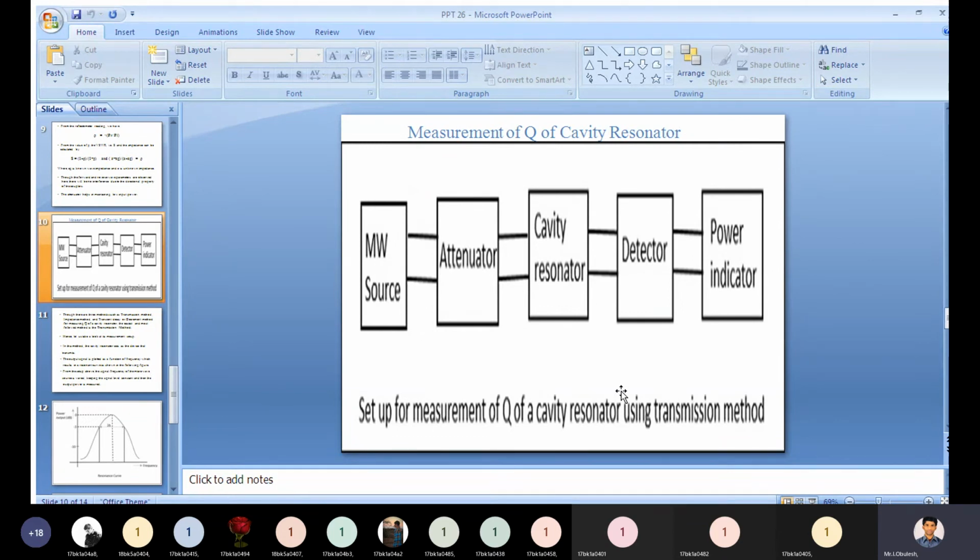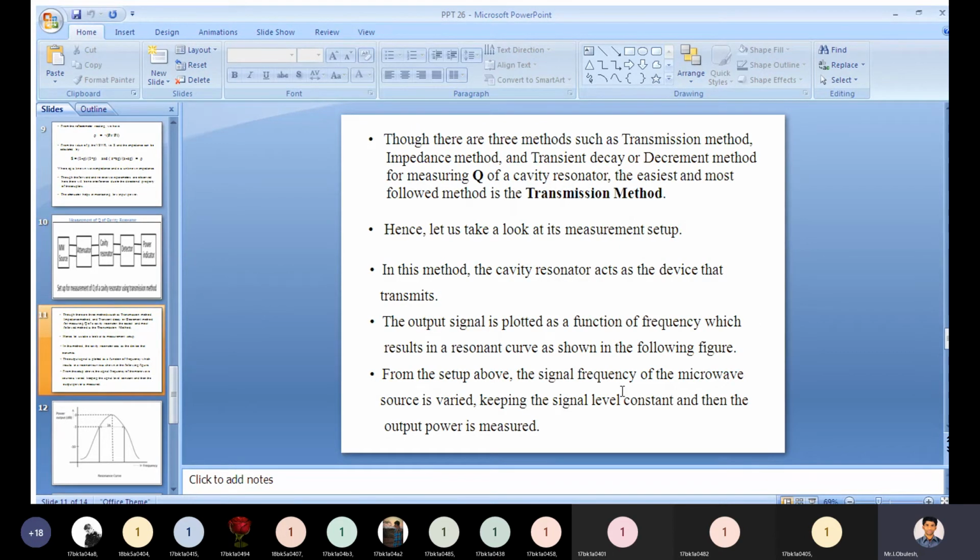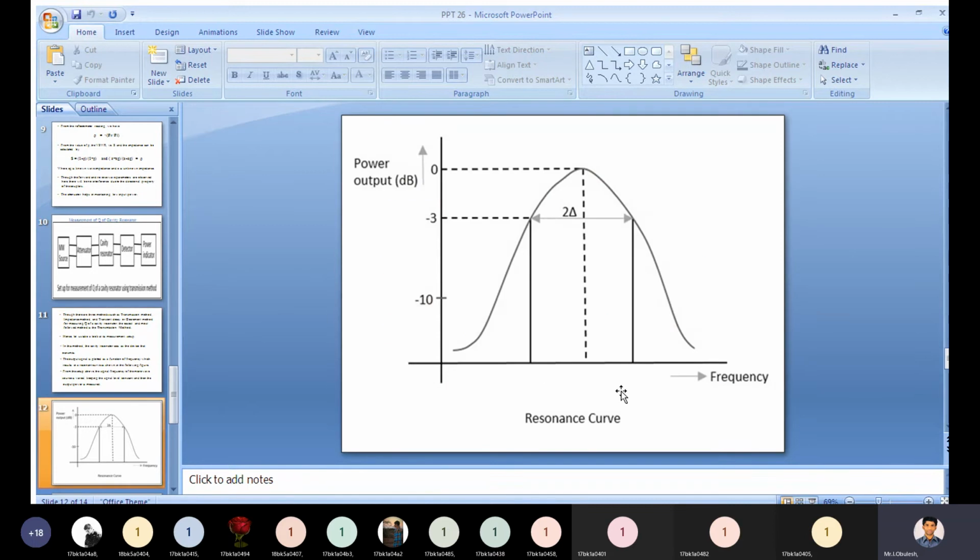In this method, the cavity resonator will act as the device that transmits. The output signal is plotted as a function of frequency, which results in the resonant curve, which is shown in this figure.